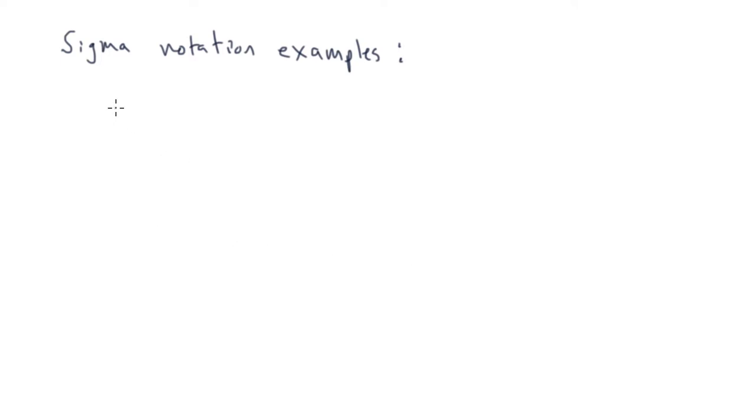So for instance, if I wanted to add 1 plus 2 plus 3 plus 4 plus 5 plus 6 plus 7 plus 8 plus 9 plus 10 plus 11, okay, that's probably enough to get the point across.